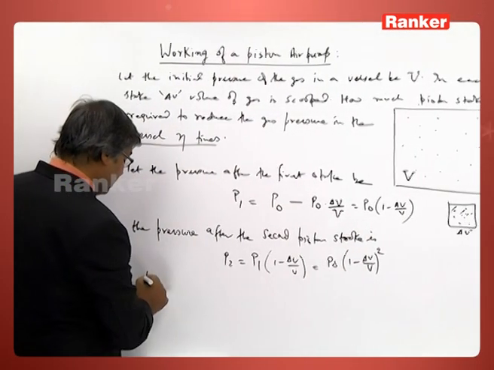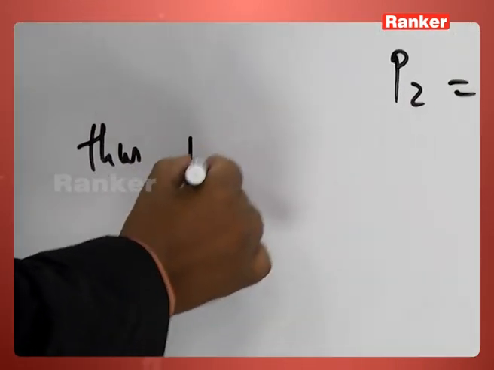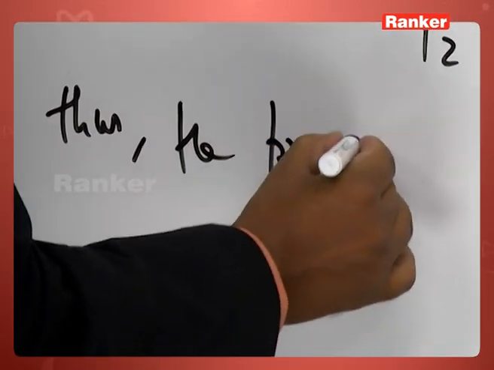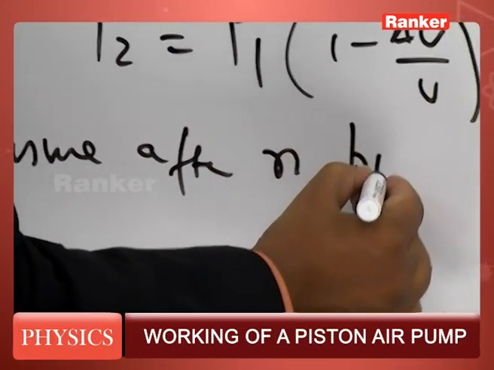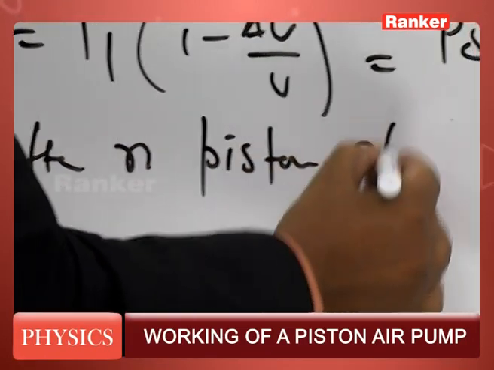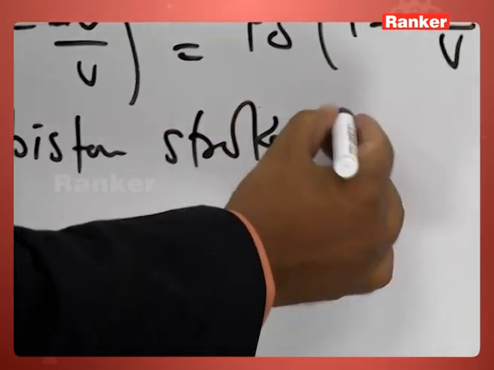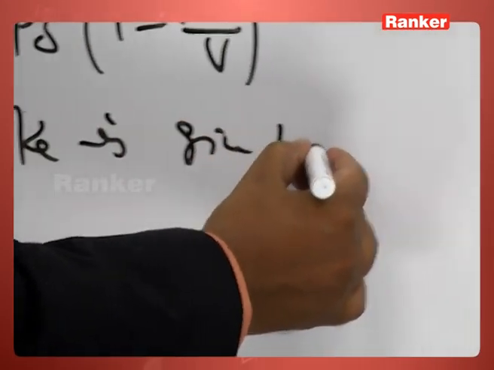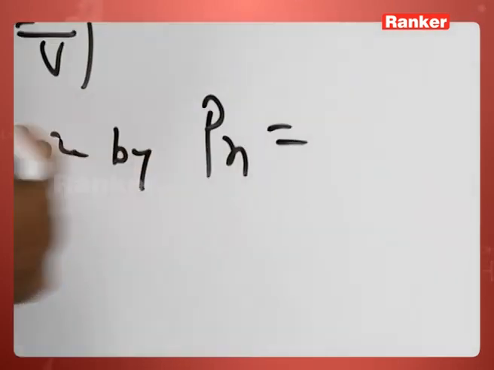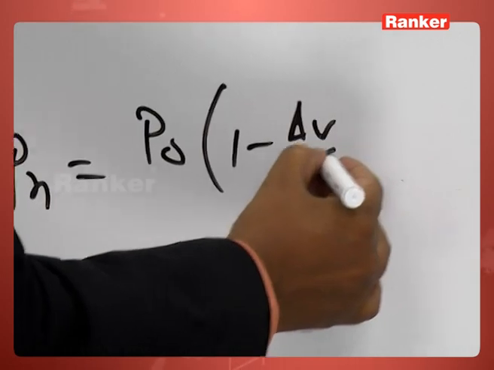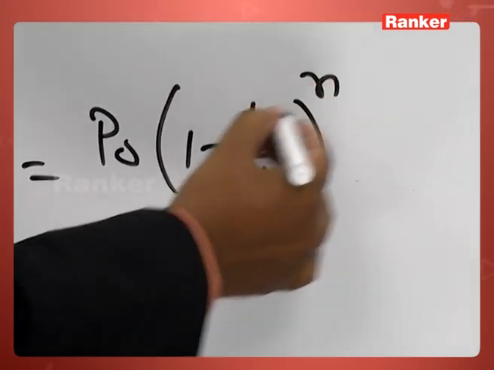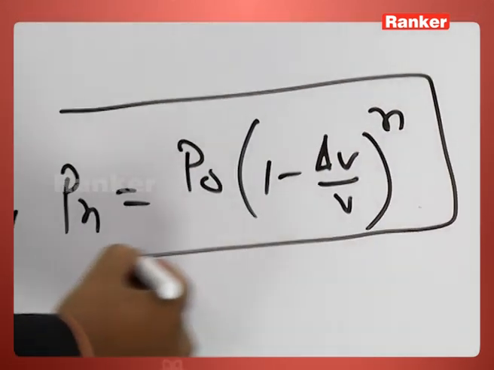Thus the pressure after n piston strokes is given by Pn equal to P0 times 1 minus delta V by V to the power n. So this is the pressure.